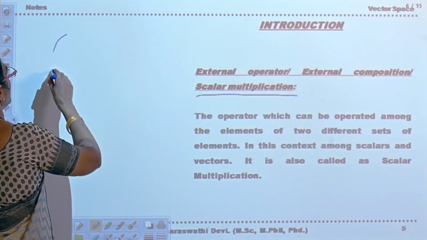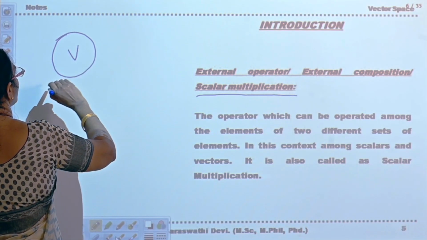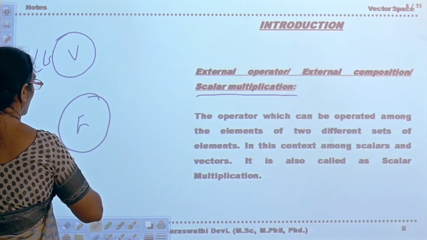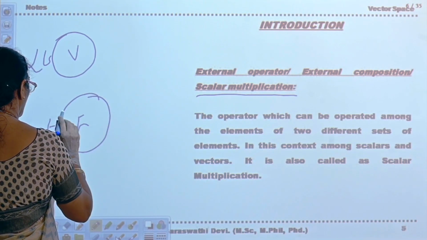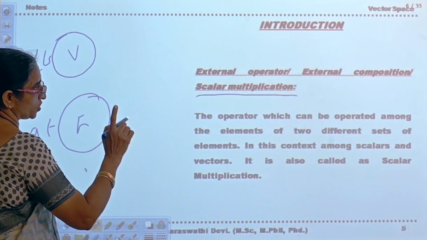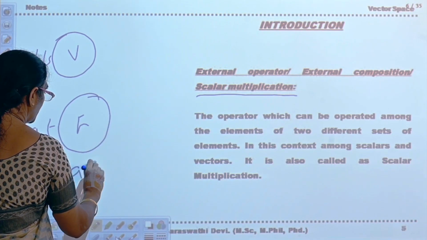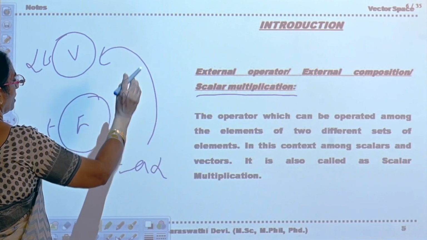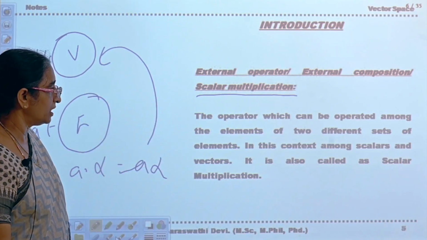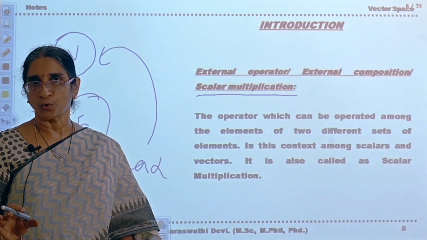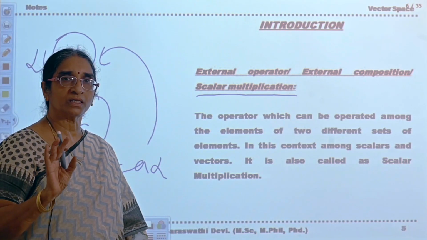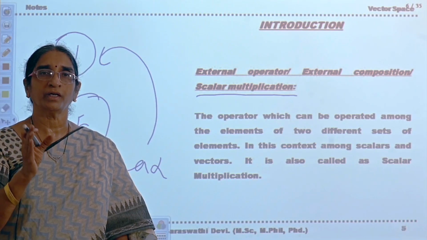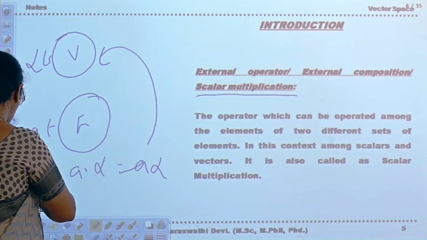For example, let V be the set of vectors and alpha belongs to V. Now let F be the field of scalars and let a belong to F. Suppose dot is the external operator, then a dot alpha is equal to a alpha. This must belong to V. If this belongs to V, we say that scalar multiplication is closed. External operator is nothing but an operator which can be operated among the elements belonging to two different sets.